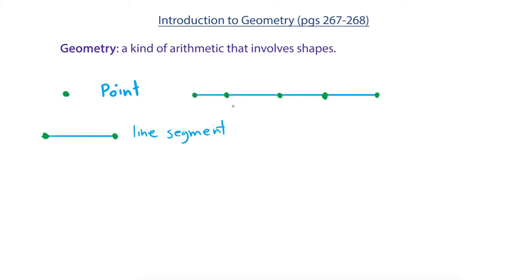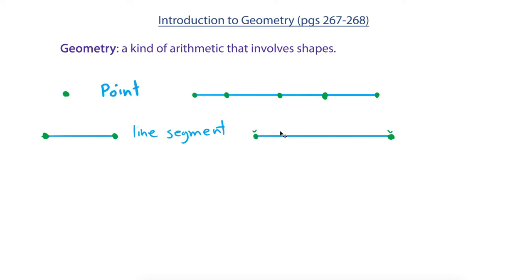With line segments, you'll see a line, and at the ends of the line you will see a point. A line segment is part of a line. Usually the points tell me where the line begins and ends, or it could be the other way around.